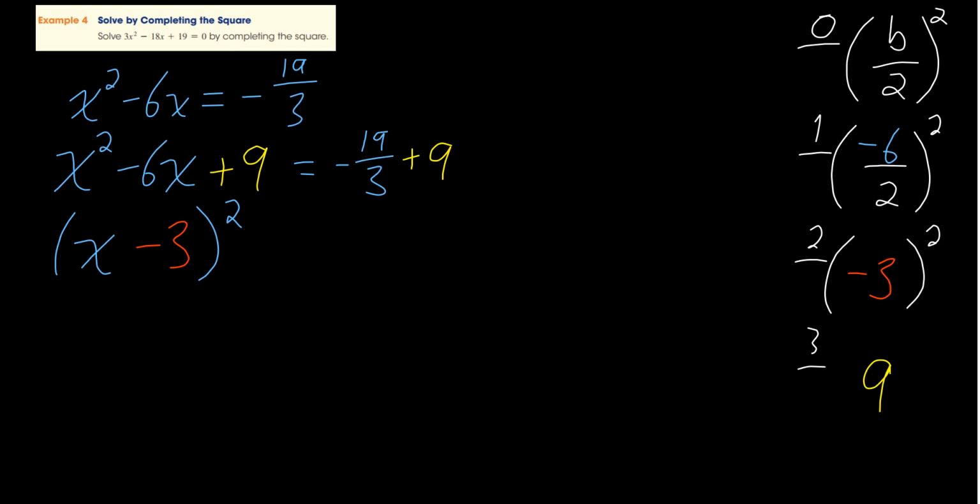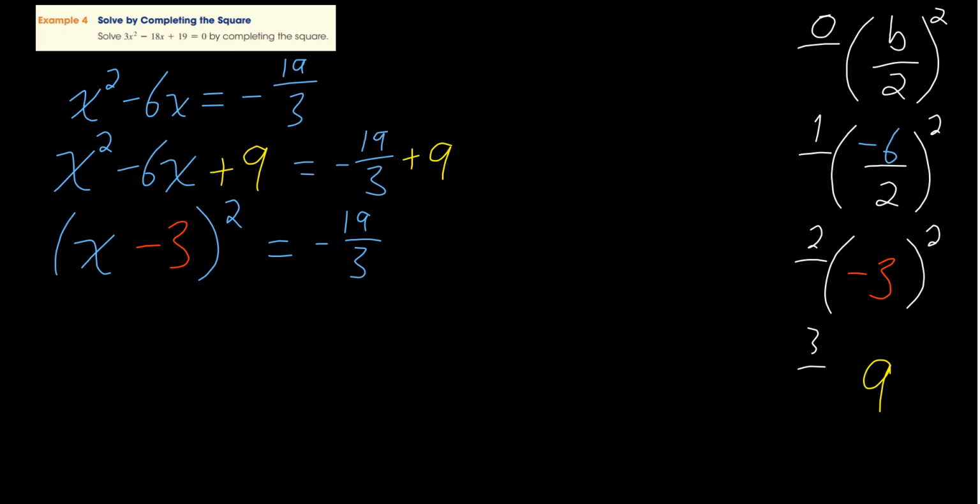So that's what the left-hand side looks like, and the right-hand side? Well, negative 19 thirds plus 9. Again, this might be something you are tempted to do with a calculator, but I'm telling you, it's just a lot easier if you keep these in fractional form. Negative 19 thirds plus 9 in a calculator, you will definitely get a decimal, like 2 2/3 or something like that.